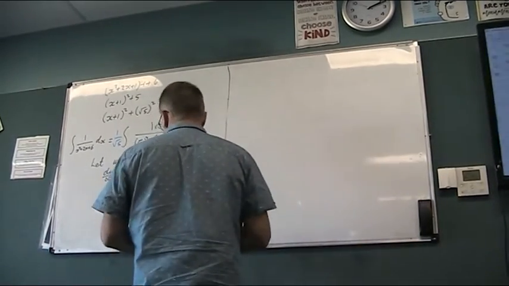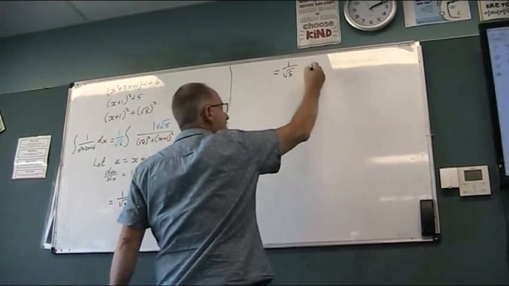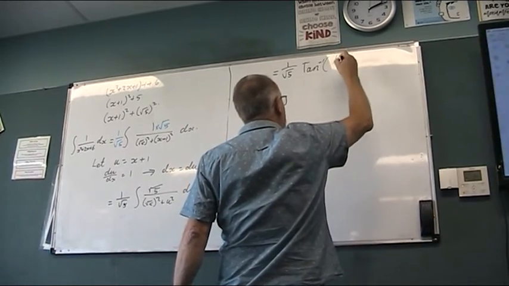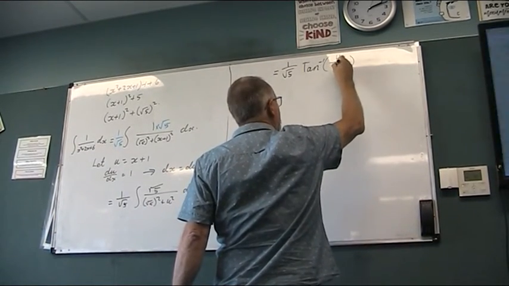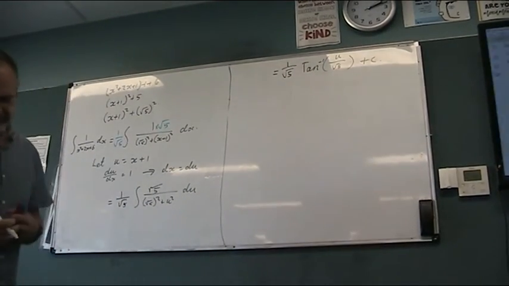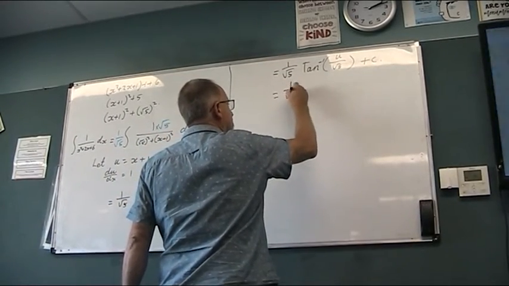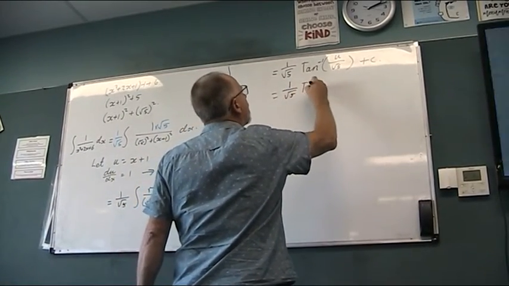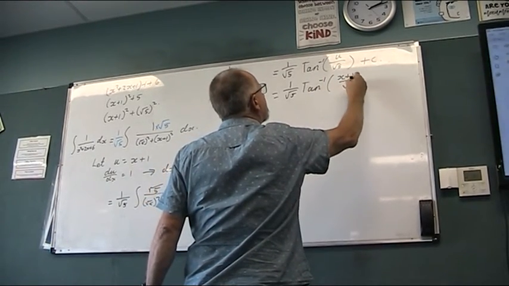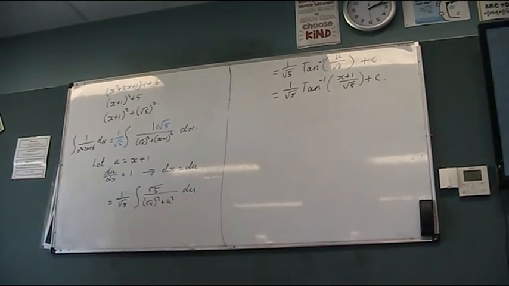Our inverse tan pattern says that that then is, leave that 1 on root 5 out there, tan minus 1 of u on a, and a is root 5 I believe, plus some constant. And so now we just need to replace that u by, well, it's got x in it, so that's x plus 1. And there's our final answer.